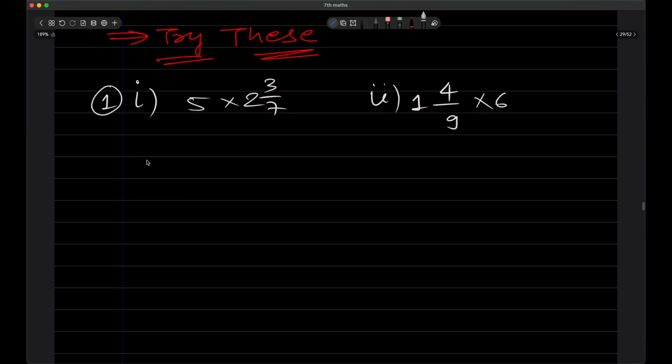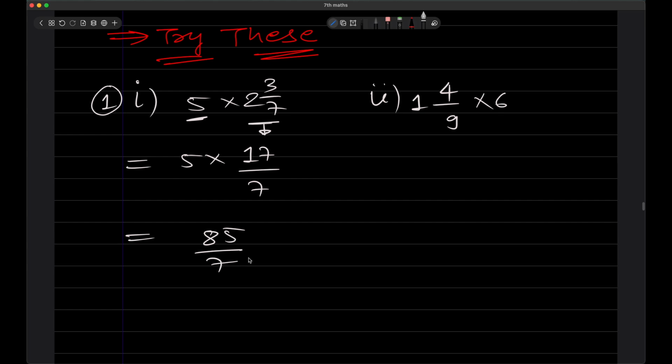In this type of product, that is the product of a whole number by a mixed fraction, we have to first convert the mixed fraction to an improper fraction, that is 7 into 2 is 14 plus 3, 17 by 7, and then do the product, that is 5 into 17, 85 divided by 7.